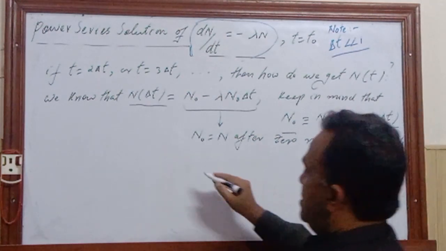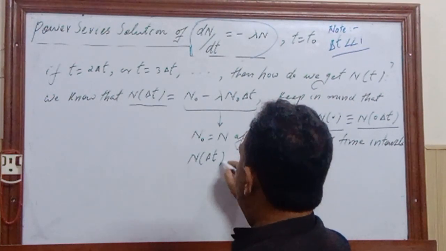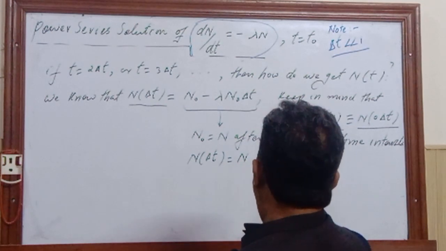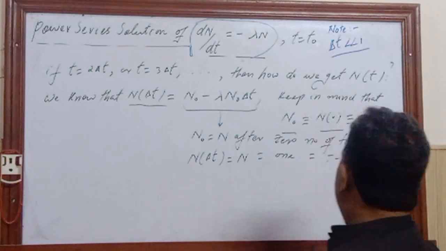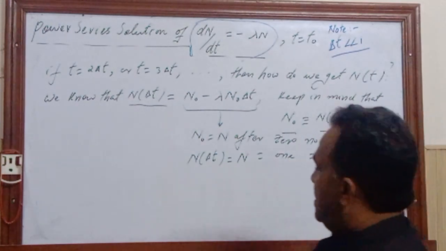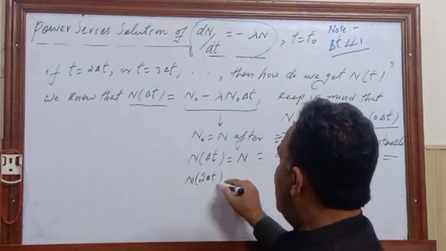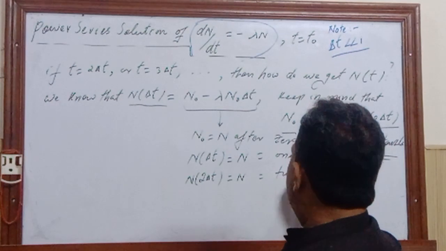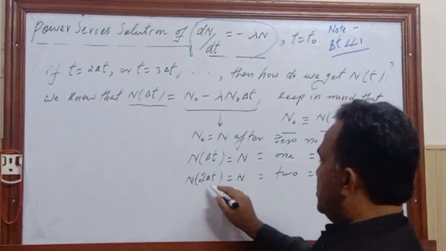right? And here n of delta t is n after one time interval, and n of 2 delta t will be n after 2 time intervals have passed, and so on.